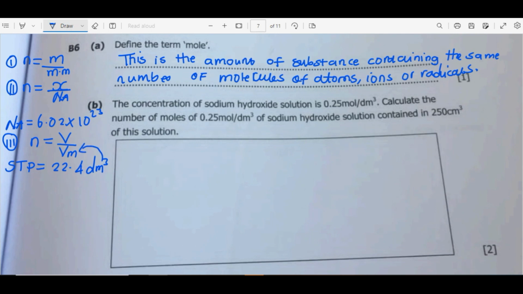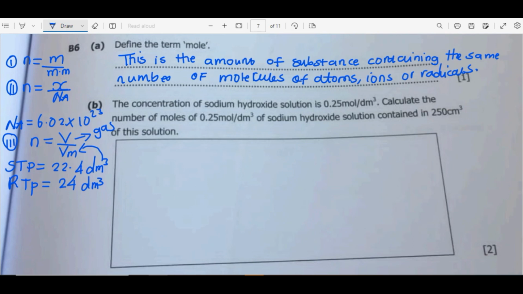While if it states RTP, room temperature and pressure, the molar volume is given by 24 decimeter cubed. Remember, this formula can only be used with the volume of a gas. You can't use this formula to find the number of moles maybe of a solution or maybe a solid.